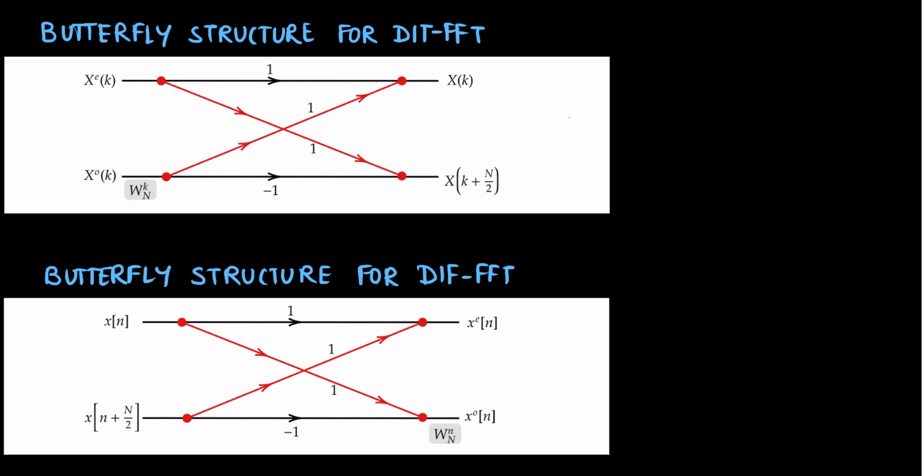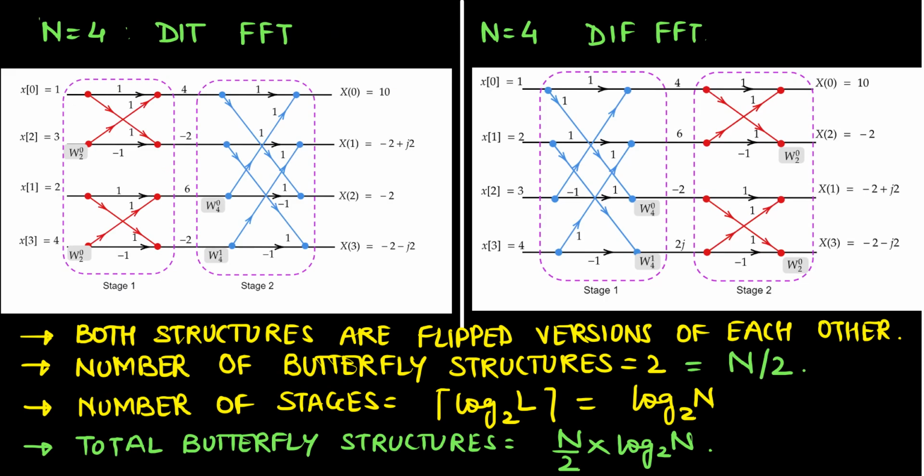So now we need to check the complexity, or the number of additions and multiplications, for both of these algorithms. For that, as we are considering these butterfly structures, we need to analyze the number of additions and multiplications required in each of them.